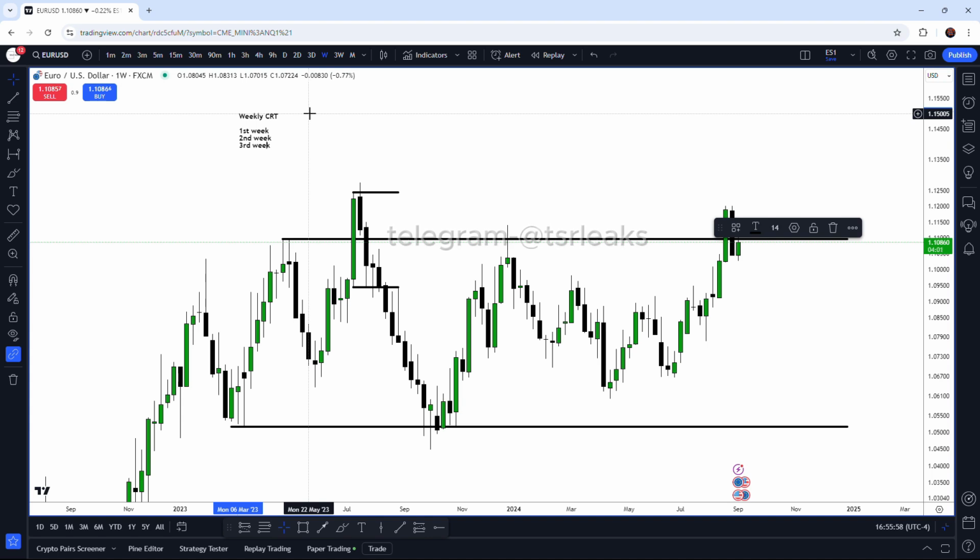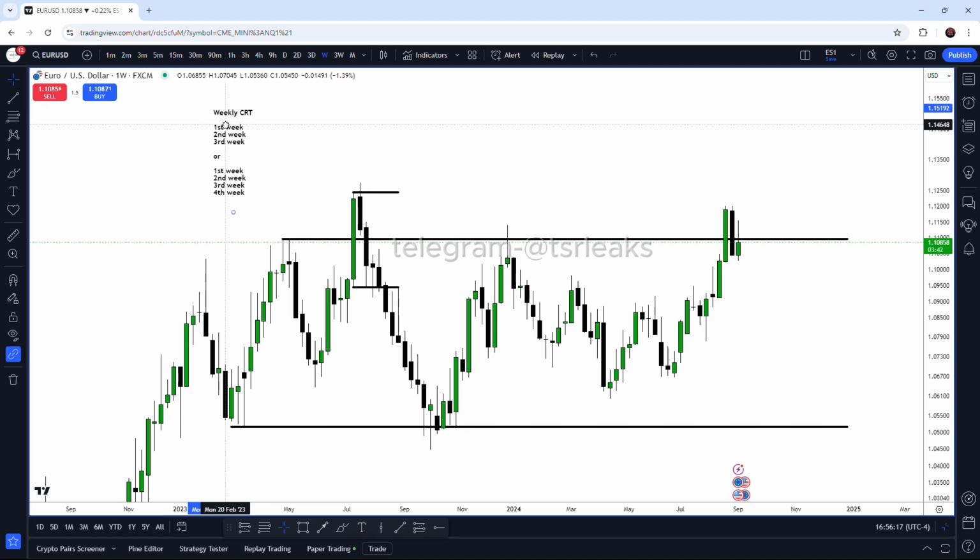There is not. So, the first high probability weekly CRT that you must take into consideration is the first week creates the CRT range, being accumulation.